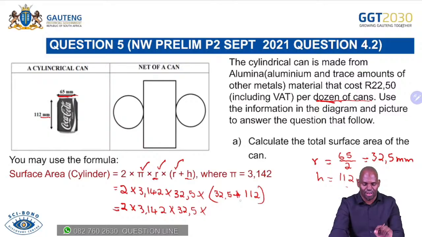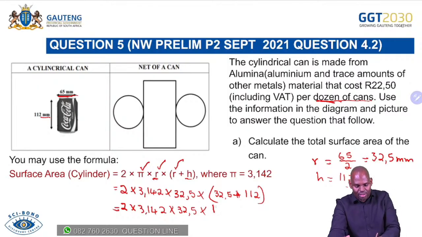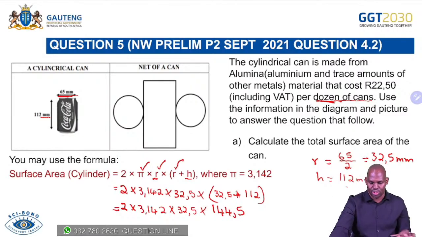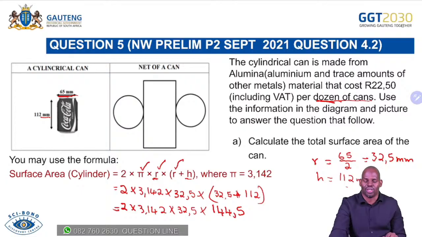If it's addition, you keep it as addition. So 32.5 plus 112 is 144.5.